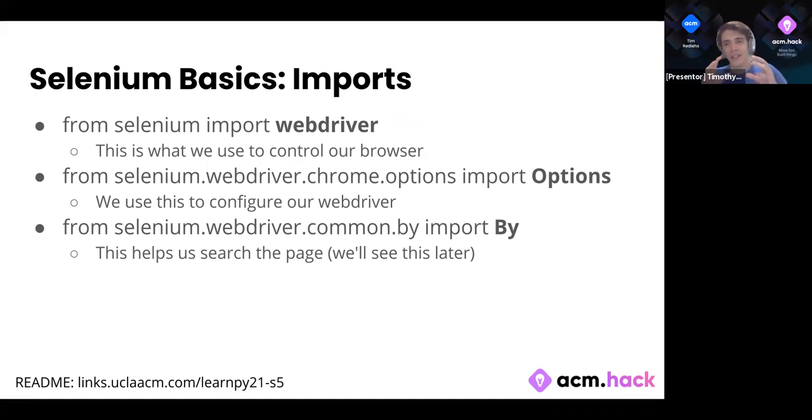That is the object that we interact with to control the browser. The options thing will be used to configure our WebDriver when we load it up for the first time. And then this By class will provide us with some constants that will help us search the page. We'll see how that is used during the demo.